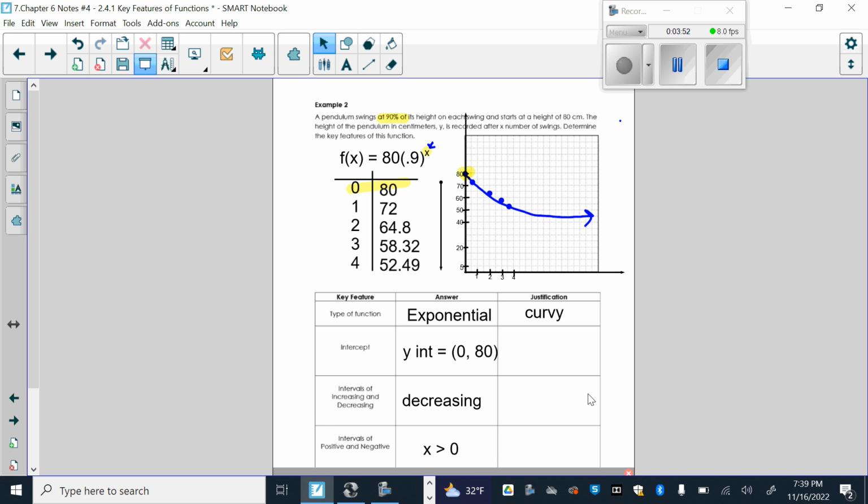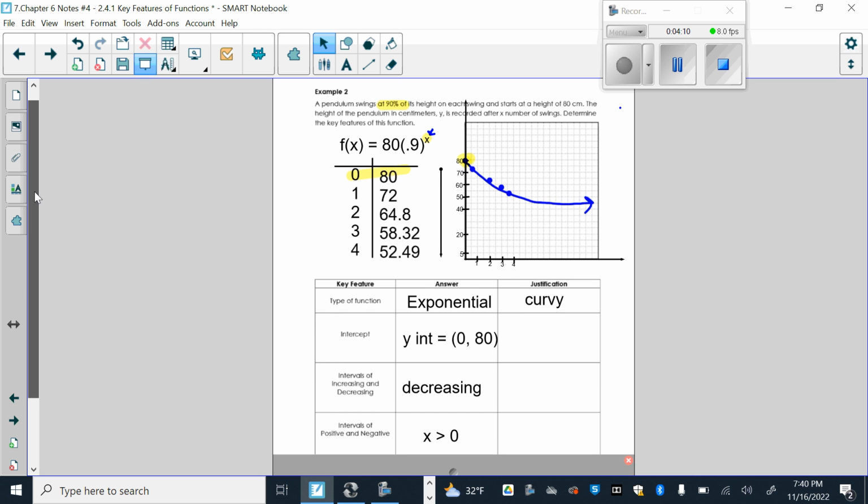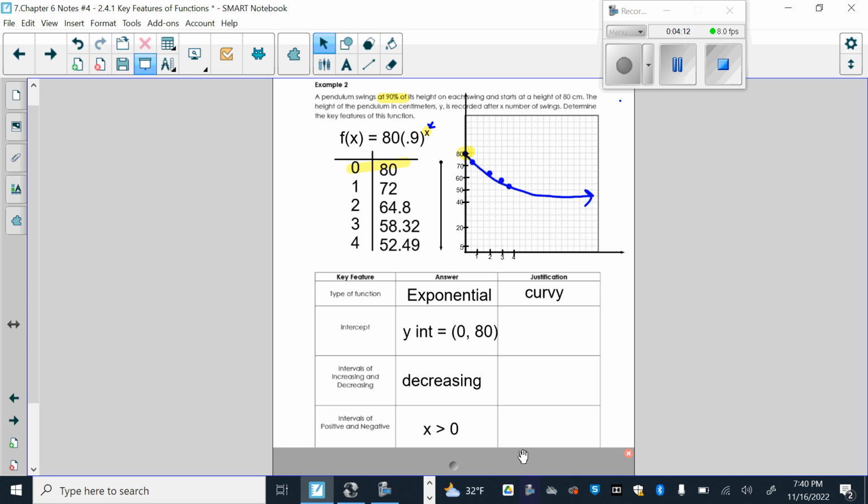Intervals of positive, negative. So since this graph represents the height of a pendulum swing, that's always going to be positive. So as long as x is greater than 0, we'll have a positive function. Maximums and minimums.